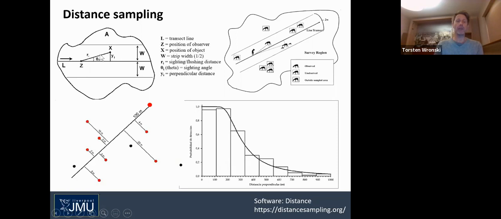So we establish the length between the first sighting and the animal, and the angle between the flushing line and the transect line, which is theta, the sighting angle.